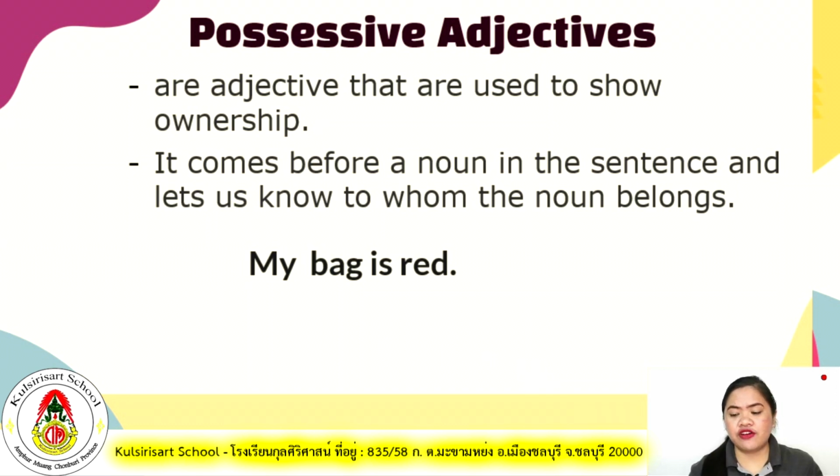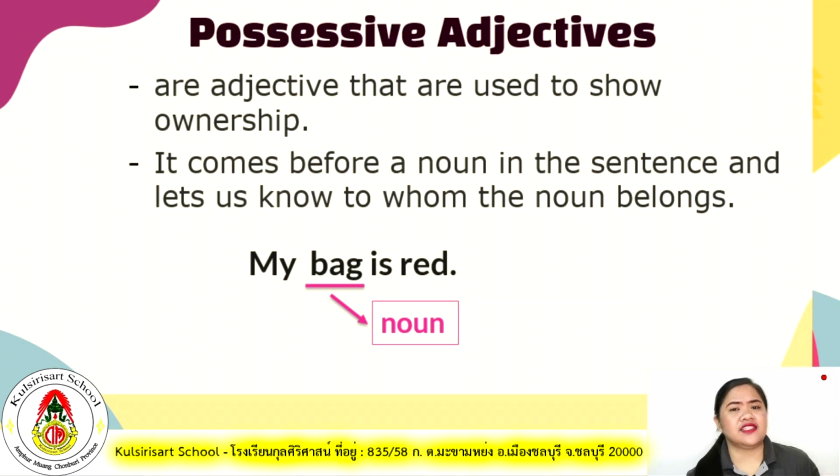Okay, the noun here is the word bag. A noun is the name of a thing, a place, or a person, as long as it's a name. So bag is the name of the thing we use to carry and put our things inside.